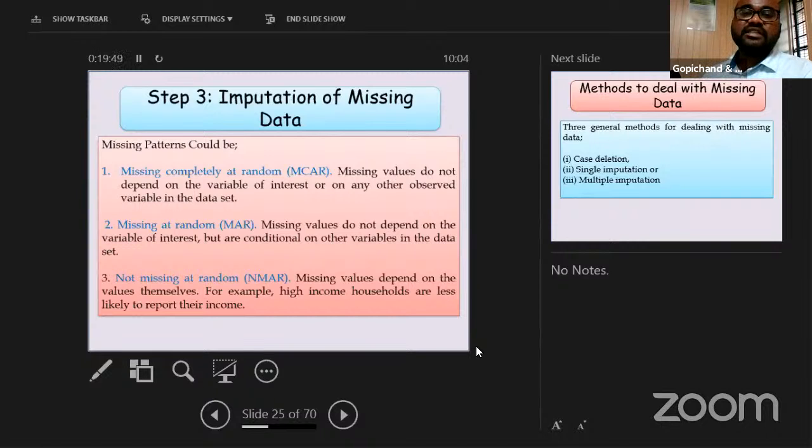Missing at random means two similar variables, suppose economic variables, where one variable depicts the other variable's indicator. We won't ask many questions to the farmers, so missing at random happens like this. Not missing at random is completely because the respondent is not interested in revealing, like income and other things.